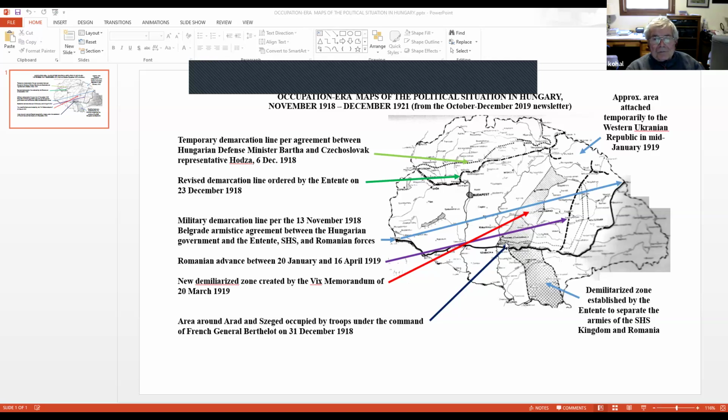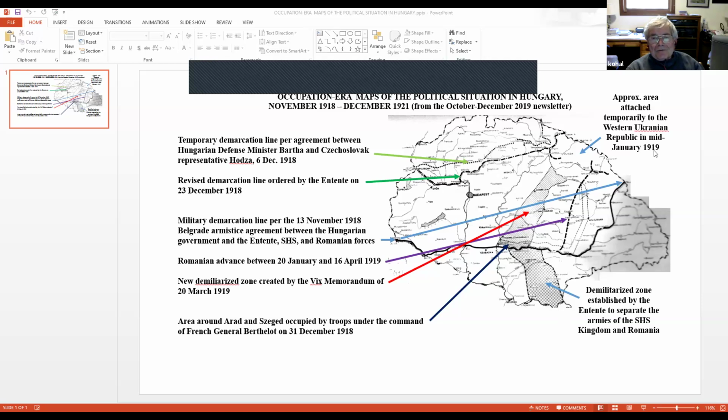Interestingly enough, there's a little bit of the area here between Szeged and Arad that was occupied by the French, and that was to keep the Romanians and the SHS, the Serbs, from fighting.